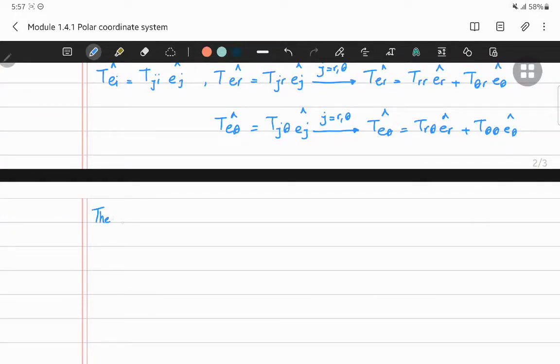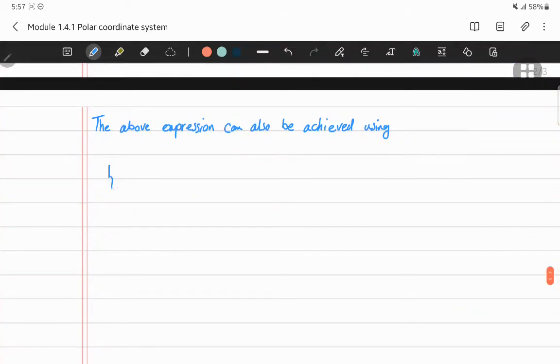So the above expressions can also be achieved using the transformation. If you recall, we said that if we have T(e_r) and T(e_theta), we have e_r and e_theta in our unprimed coordinate system. These are the primed coordinate system.